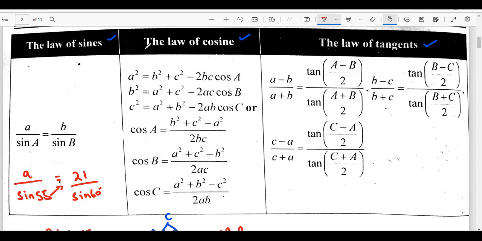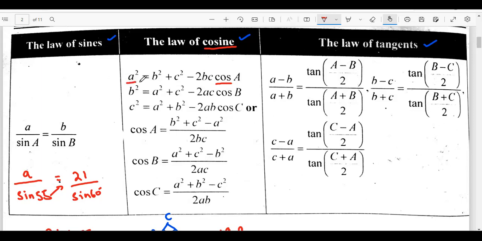Okay. What is the law of cosine? So obviously if it says law of cosine, it is going to have cosine in it. What exactly is it saying? So I suppose that you guys would be comfortable with this. If not, then these formulas should be at your fingertips.